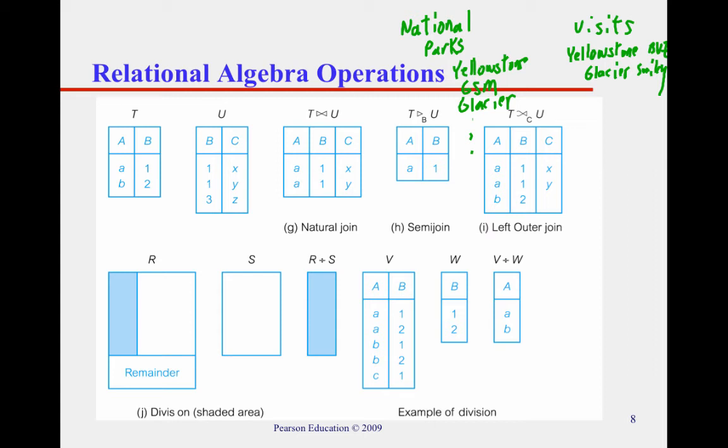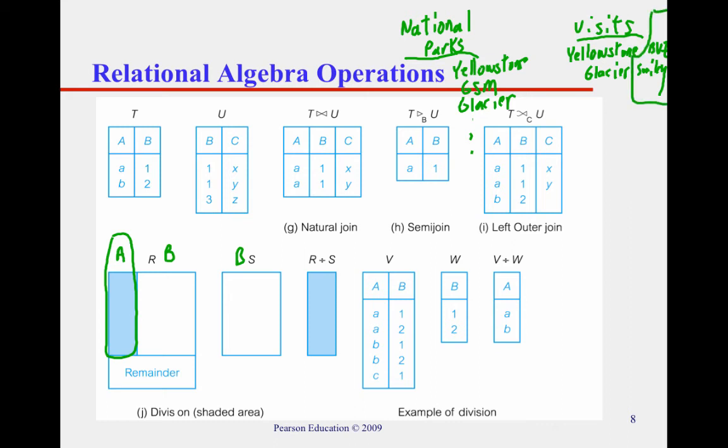So we call these A attributes and these B. S just has the B attributes. So S is a subset of R. So in this case, the national parks was a subset of visits. And when we do the division, what we end up with is the set of attributes in A from R. So in that case, it's the set of visitors.